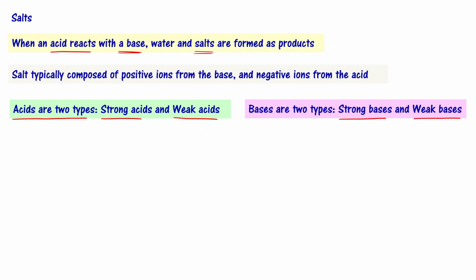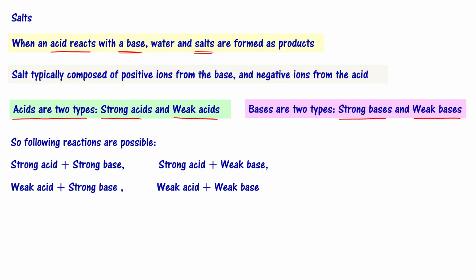It means we can have 4 different combinations of reactions possible, right? Strong acid, strong base can react. Strong acid, weak base can react. Weak acid, strong base can react. Weak acid, weak base can react, right? So 4 different possible combinations we can expect, right?